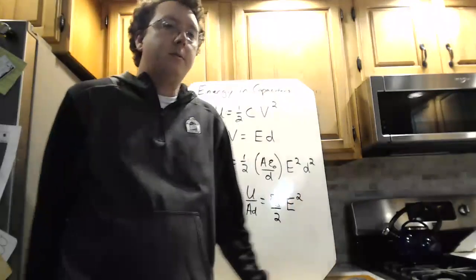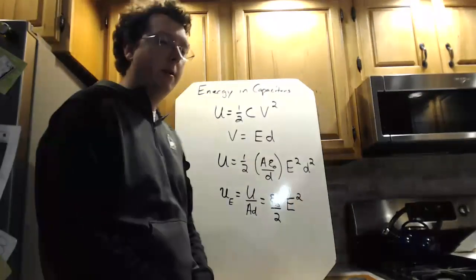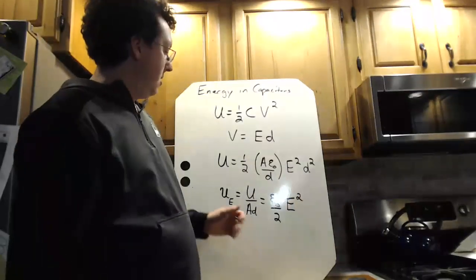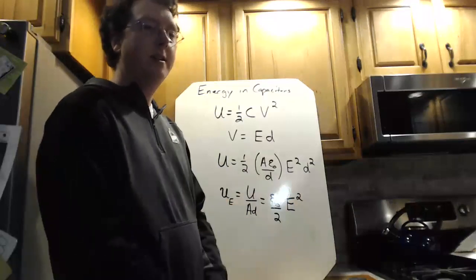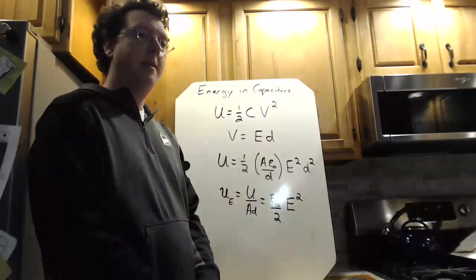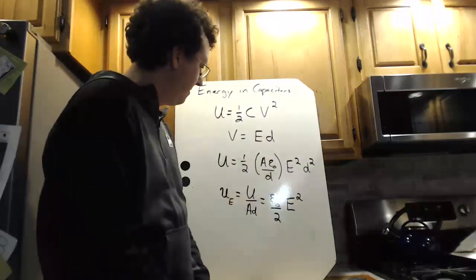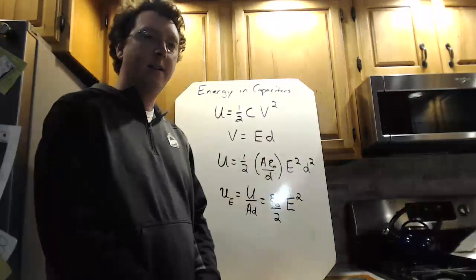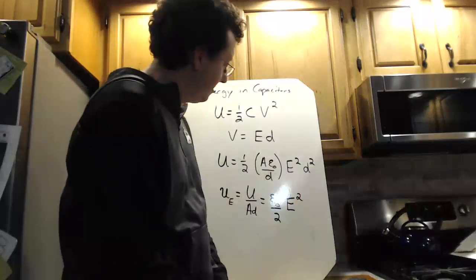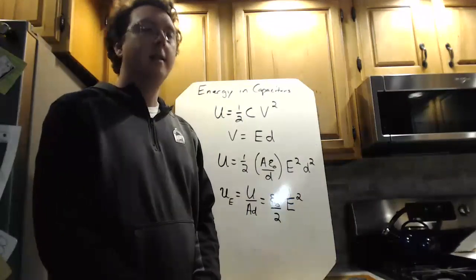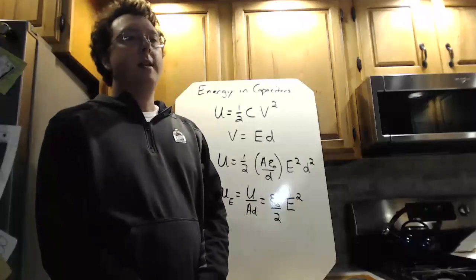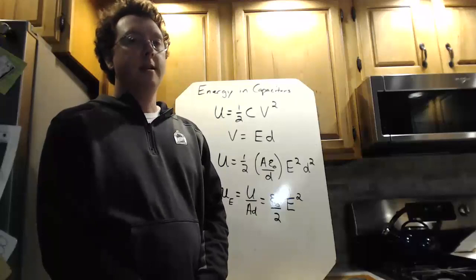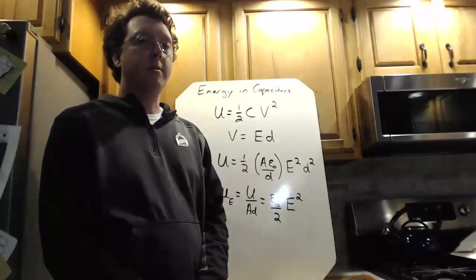If this was a movie, there would be music playing right now, because we have just completely changed our picture of reality. You might be saying, huh? But here's what we found. We can think of the energy density stored in a capacitor.